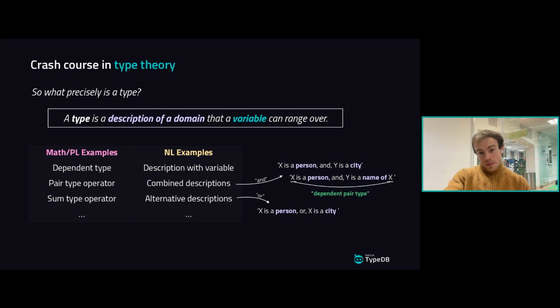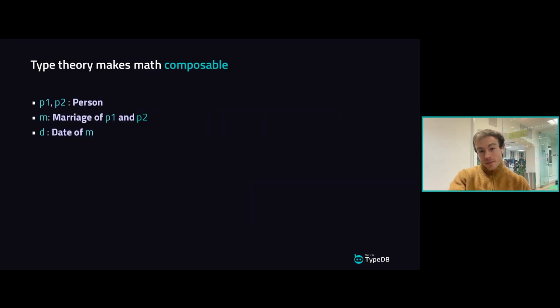And this brings me to the last important feature that we are going to need from type theory, which is that dependencies compose. So let's consider a simple example here. We've seen all of these types already, so let's consider the type of persons with P1 and P2 being variables in the types.